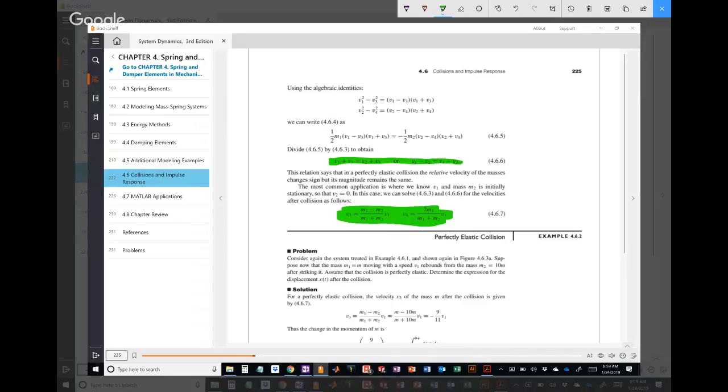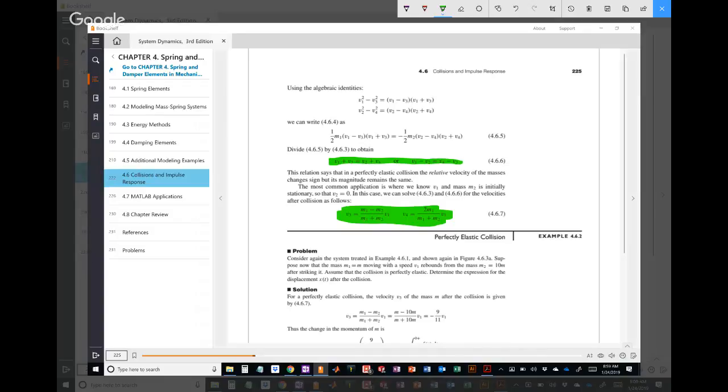They've kind of derived these equations. Interestingly, they don't emphasize these equations or make them bold or put a box around them or anything like that. But this is essentially conservation of momentum combined with conservation of energy.